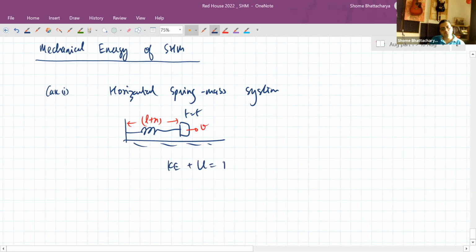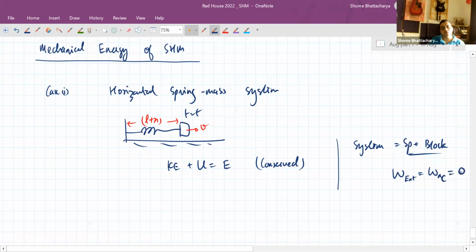then kinetic energy plus potential energy is conserved, because for the system, that is the spring plus the block, we have no work done by external force, no work done by non-conservative forces. So mechanical energy is conserved. Okay.